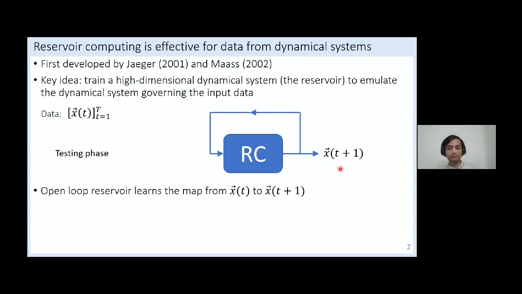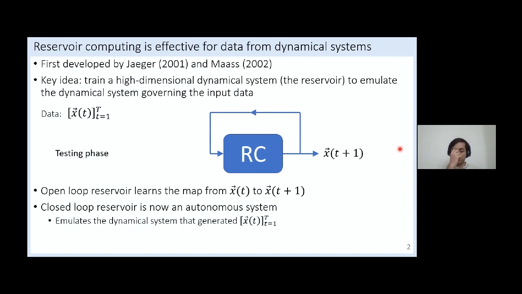That will generate x of t plus 2, which can again get fed back in, and it'll generate x of t plus 3, and so on. So essentially what you hope is that this closed loop system, which is now an autonomous system, is going to emulate the dynamical system that generated your data. And this is essentially the very high level picture of what you try to do with reservoir computing, at least in the context of prediction.